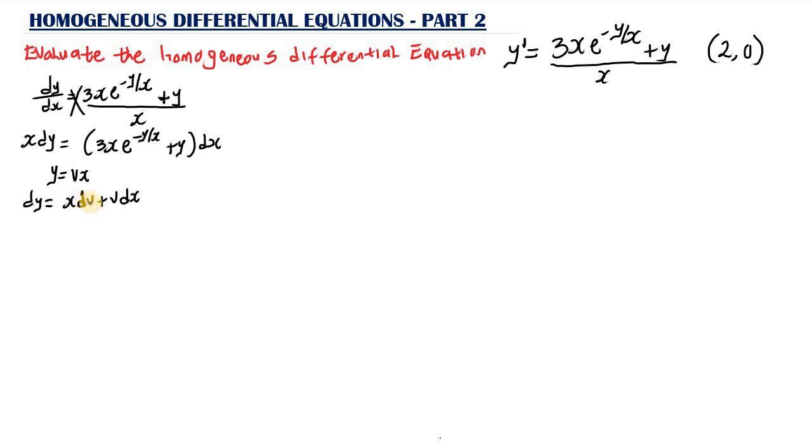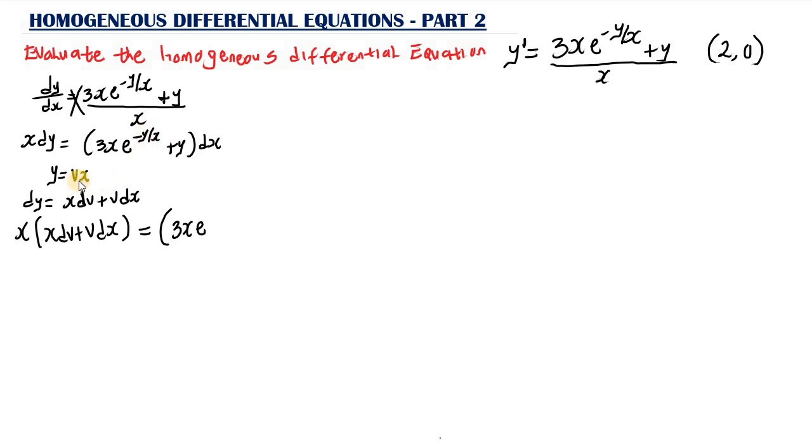So this is going to be s multiplied by dy, which is s dv plus v ds, and this is equal to 3s multiplied by e raised to the power of negative y over s.